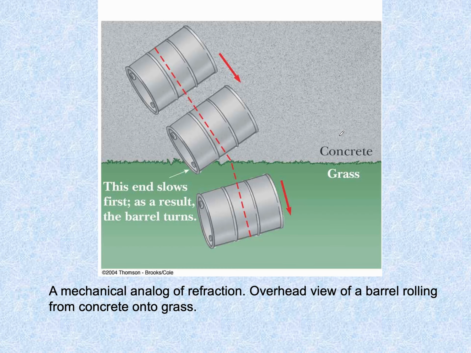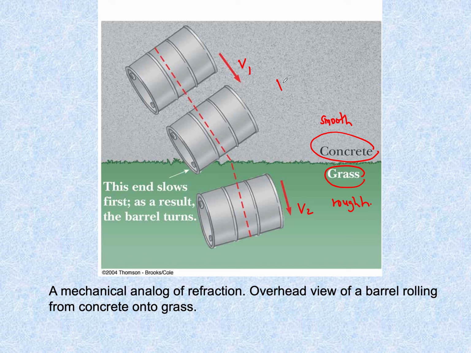So here is an analogy, a real phenomenon for refraction. If you have a concrete surface and grass, the grass we consider a rough surface, and the concrete a little bit smooth. When the barrel moves from concrete, consider this V1, to grass, this is your V2.